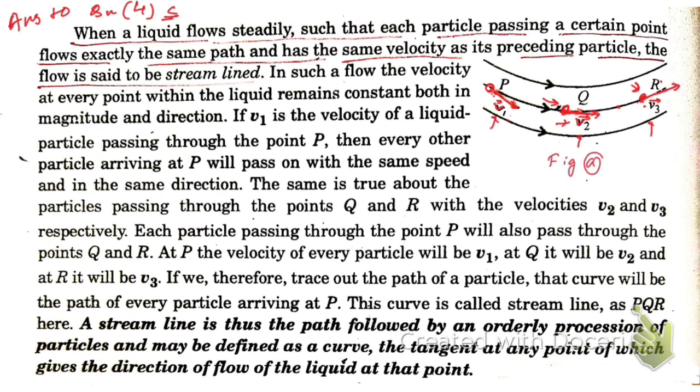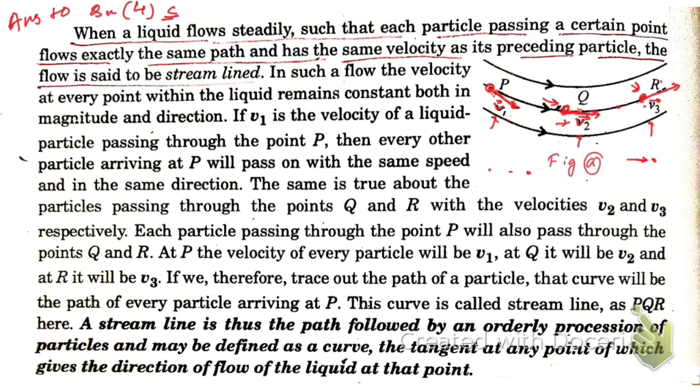If they are traveling in a line, that is called a streamline, and the particles in the same line, while passing through a particular point, if they have the same velocity, then that kind of flow is called streamline flow.